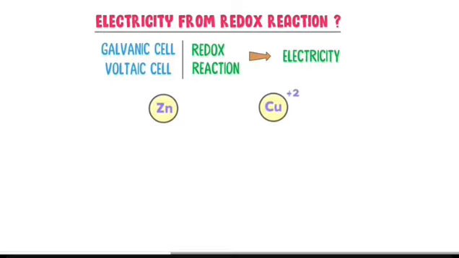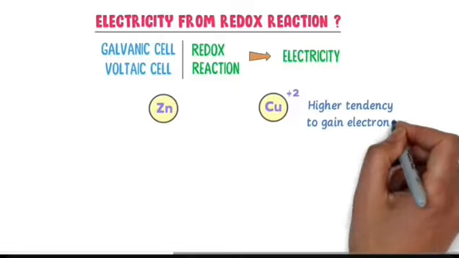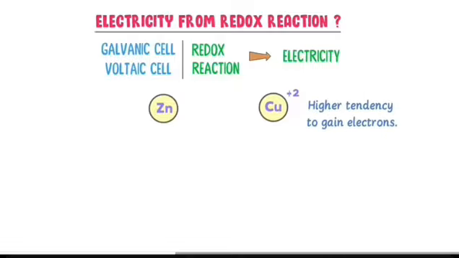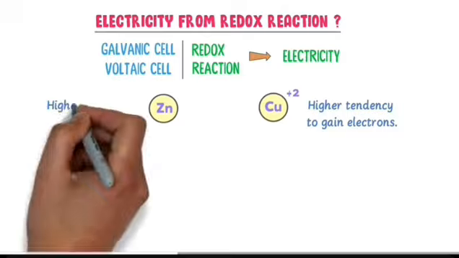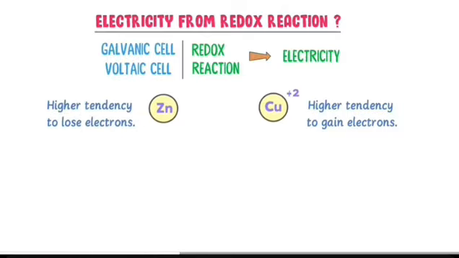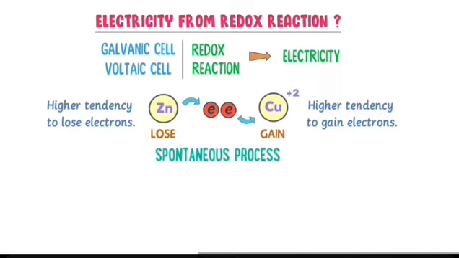We know that copper ion has higher tendency or ability to gain electrons, while zinc atom has higher tendency or ability to lose electrons. The zinc atom will lose 2 electrons and copper will gain 2 electrons. So 2 electrons are transferred from zinc to the copper. This is a natural or spontaneous process which happens on its own.